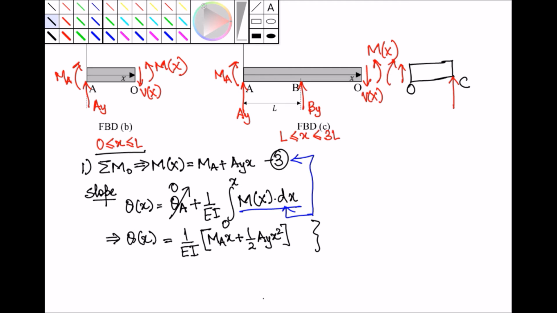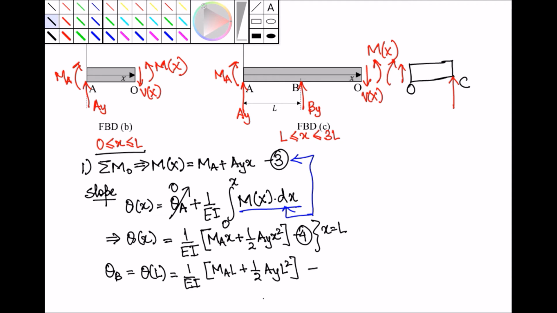If we plug in x equal to L, theta B, which is the slope at B, is equal to theta of L, equal to 1 over EI times Ma L plus half Ay L squared. Let's call that equation 5.